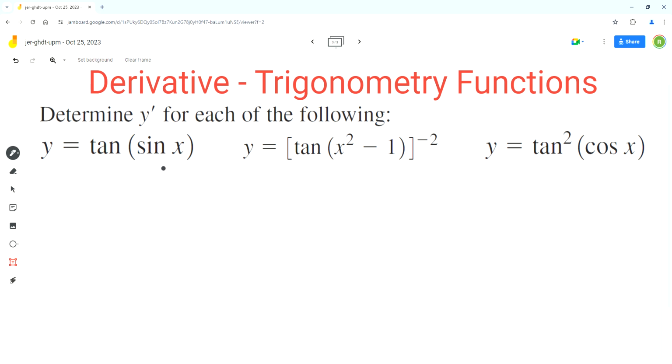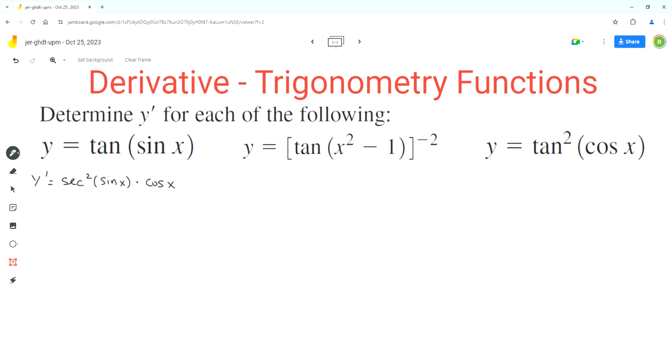Now this is a composite function, so we'll have to use chain rule. So here the outer function is the tan function and the inner function is sin x. So as per the chain rule, we'll start with the derivative of the outer function. So the derivative of tan is secant square times the derivative of the inner function, and the derivative of sin x is cos x.